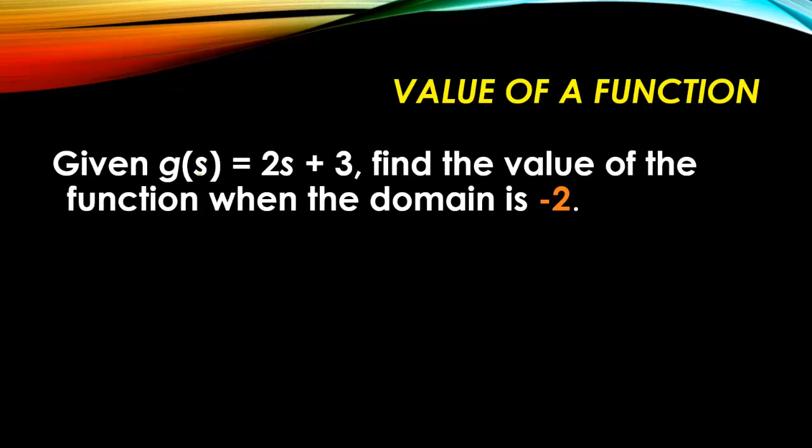Now, given g of s equals 2s plus 3, find the value of the function when the domain is negative 2. So that's like saying x is negative 2, or in this case, s.